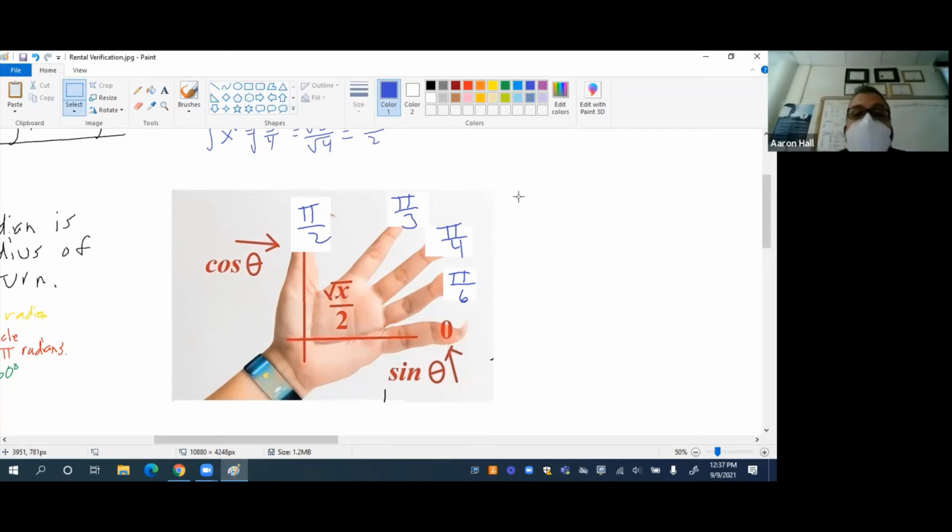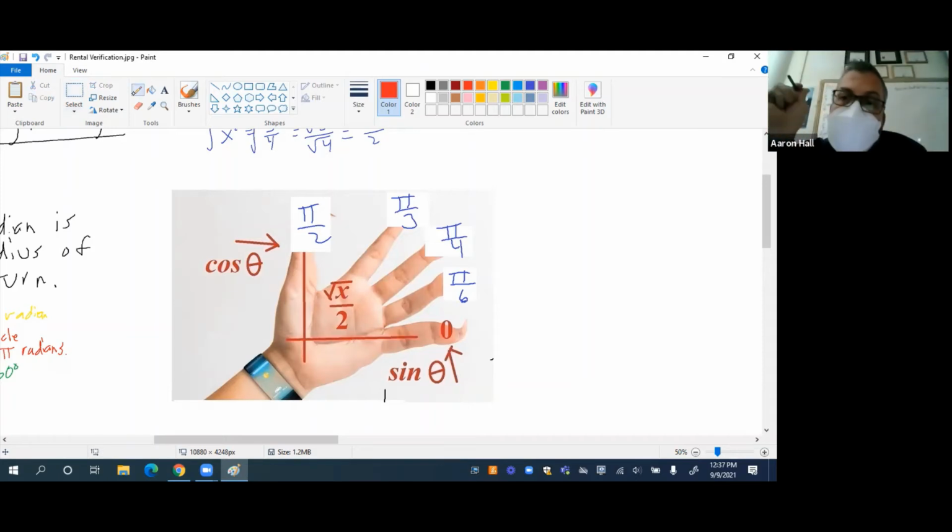All right, so let's use our hand trick. Do you see how we have the first quadrant here? Does everybody see that we have the first quadrant? Yes. Okay, so if you think about it, this is 0 degrees. Conceptually in trigonometry, if our terminal side and our initial side are the same, it means we haven't rotated at all.